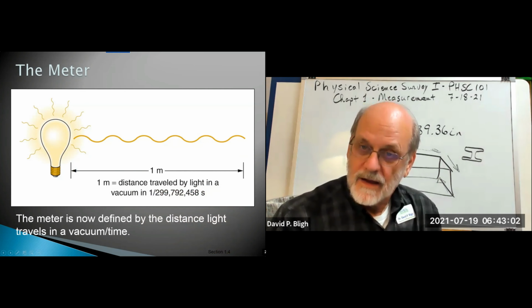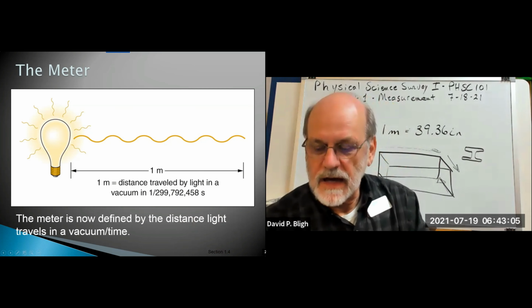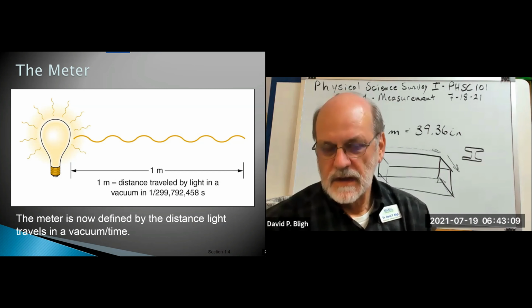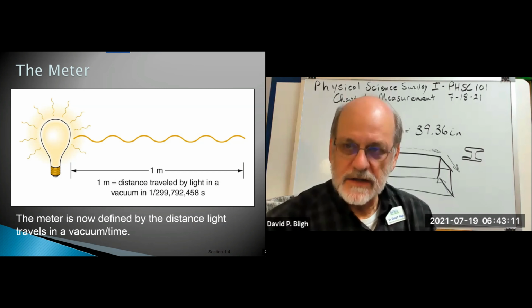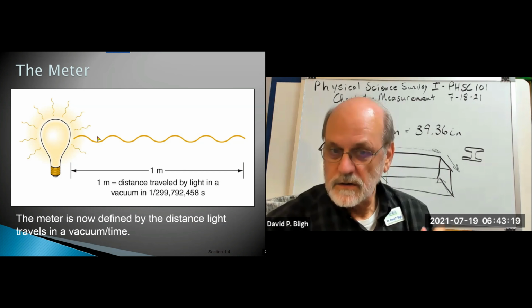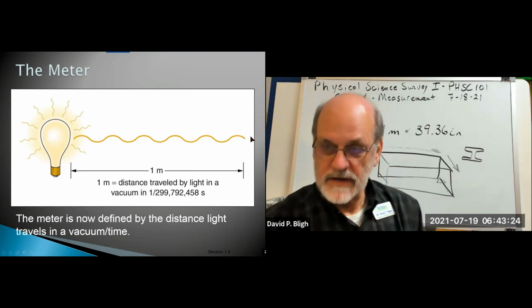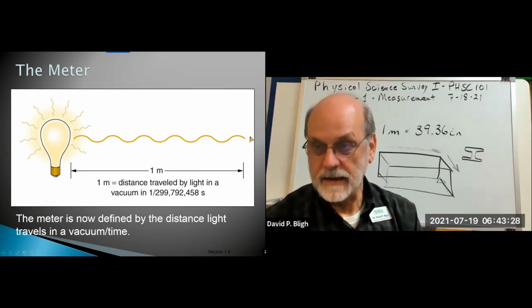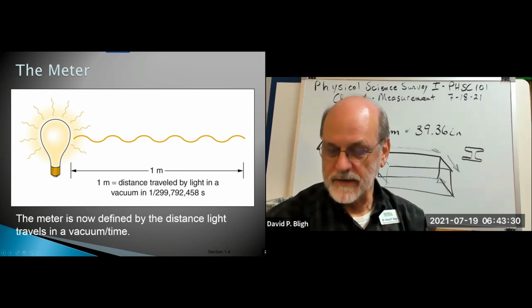Now we have a different way of determining a meter. Now, what's the advantage of using a different method? Well, the method that's used is actually so many wavelengths of a particular light produced by a laser, and you have an instrument that can measure that many wavelengths of that light.